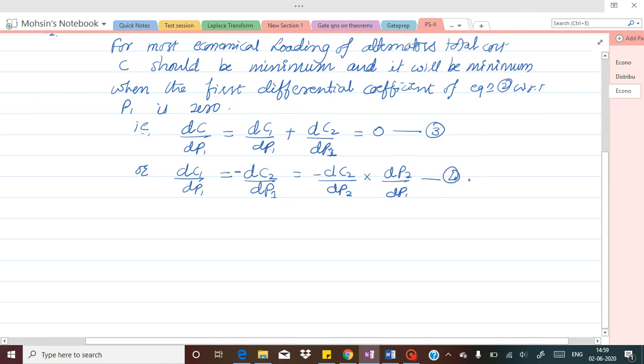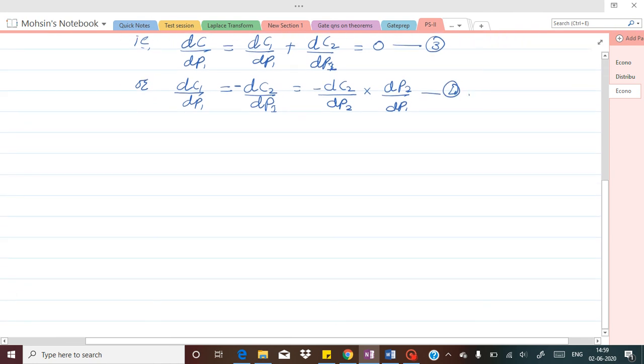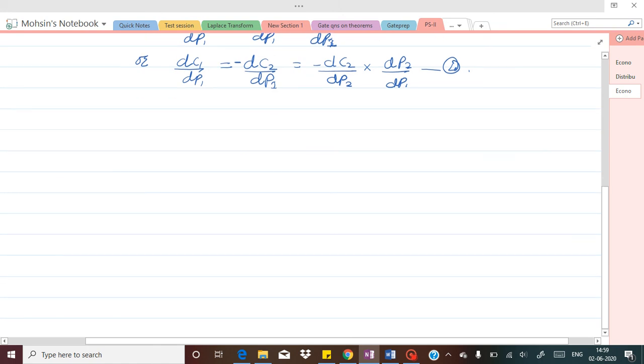Just to bring the differentiation with respect to P2 also into the expression, we have divided and multiplied by dP2 here. Now from equation 1 we can write for P2, P2 equal to P minus P1.